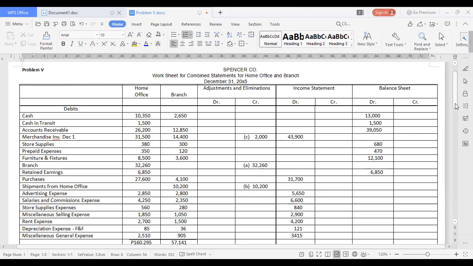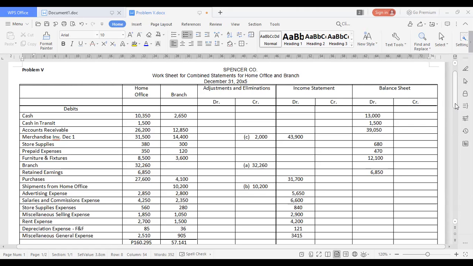Then we are going to debit further miscellaneous general expense for 220 and credit home office current. So the adjusted balance of miscellaneous general expense in the books of the branch is 905.